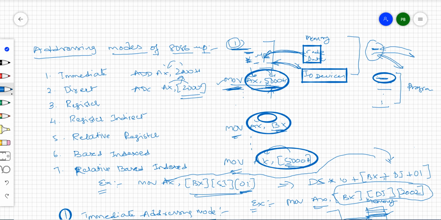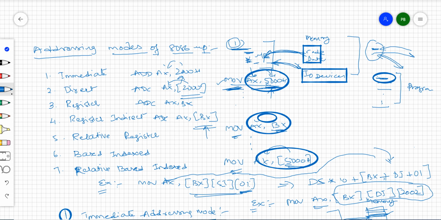From the external memory it is added to the AX along with carry. Register means ADC AX, BX: BX data is added to the AX. Register indirect, for example ADC AX, [BX], is pointed to the external memory location to get the source data to add it to the AX.